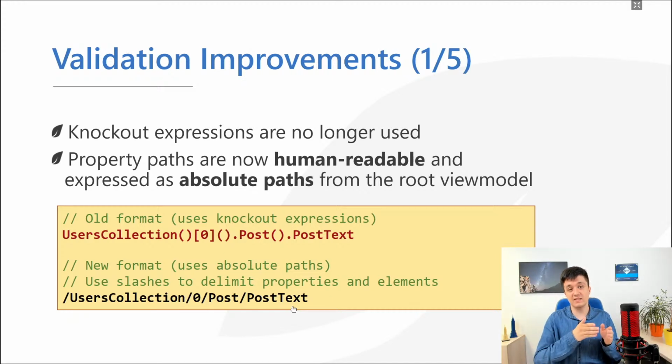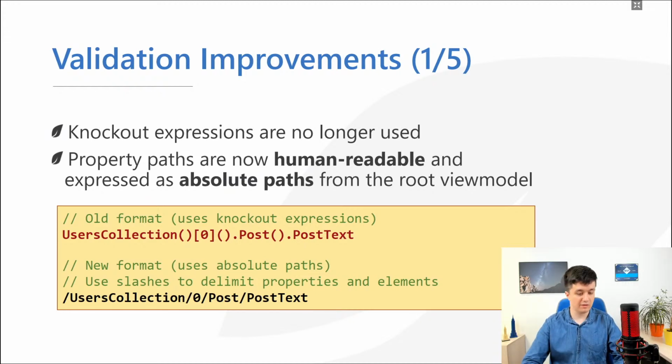So it's basically just a way to describe the path from root view model to the target violating property. So that's what these new property paths actually mean.